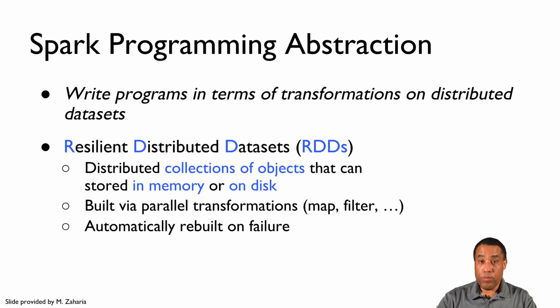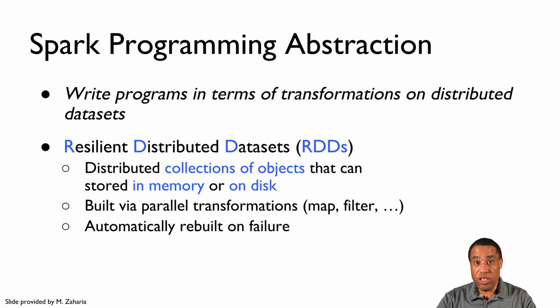You build RDDs, these distributed data sets, through operations, parallel transformations on the data. A transformation takes an RDD and transforms it into a new RDD. And these are things like map and filter. Now, what makes an RDD, the R in RDD, is that it's resilient.